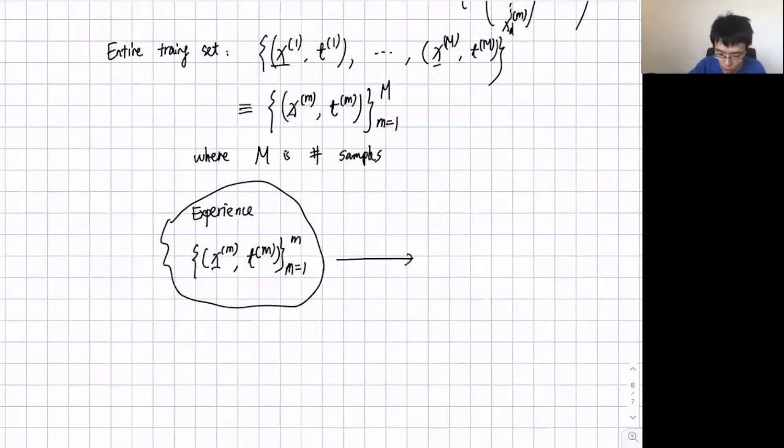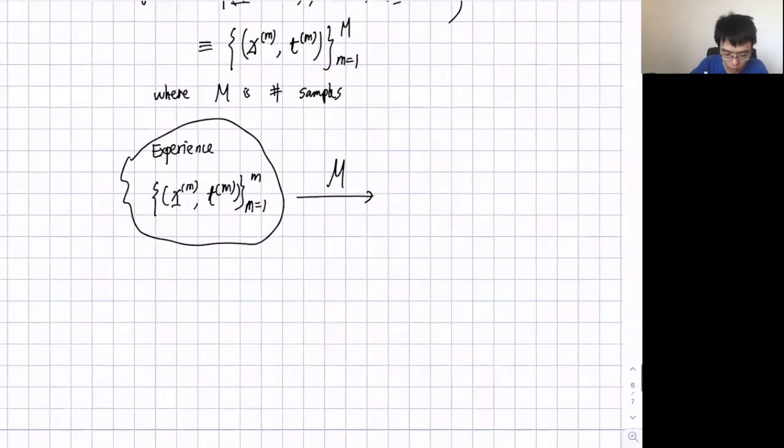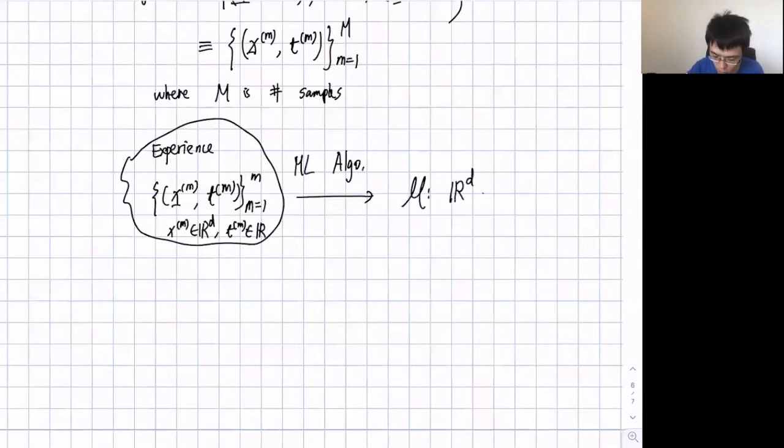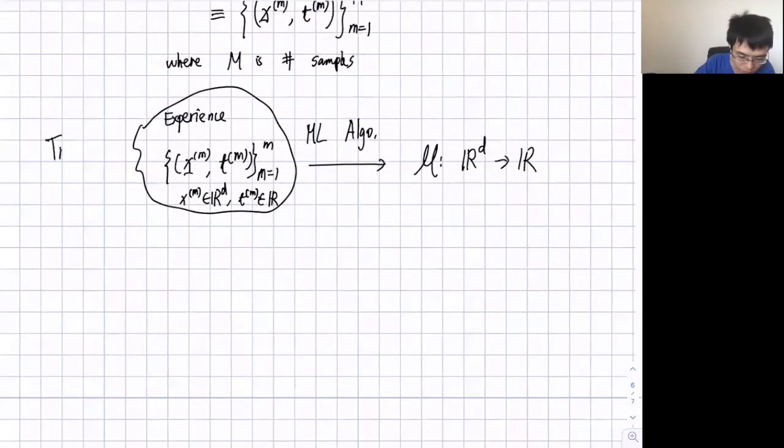And then I learn a machine learning model. So suppose X^m is in R^D, and T^m is in R. And apply the machine learning algorithm. It gives me a model that maps from R^D to R. And this is my training.